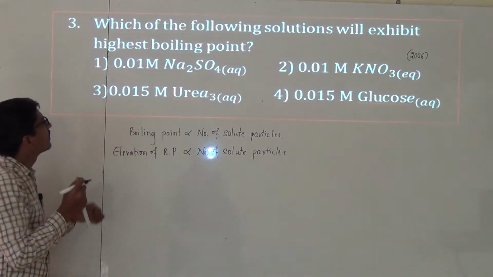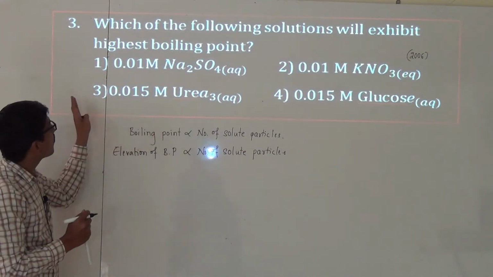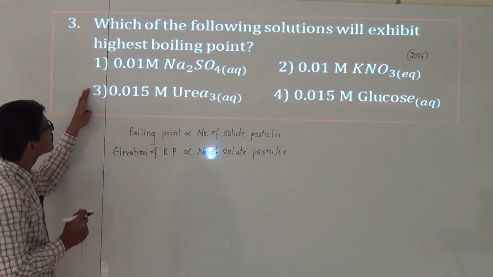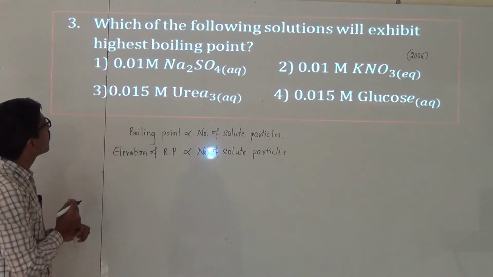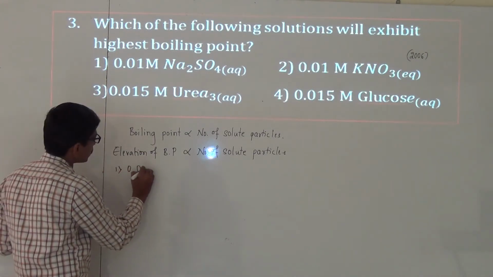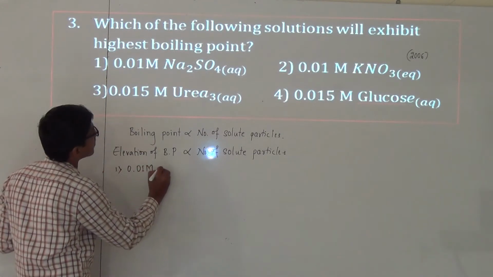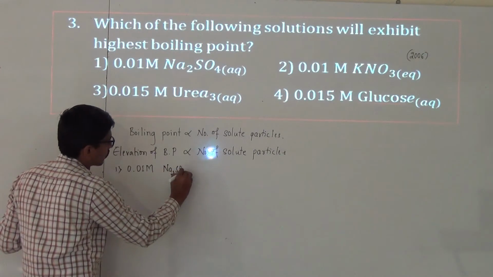Here in the options, the concentrations of these 4 non-volatile solutes are different. The first one is 0.01 m Na2SO4.